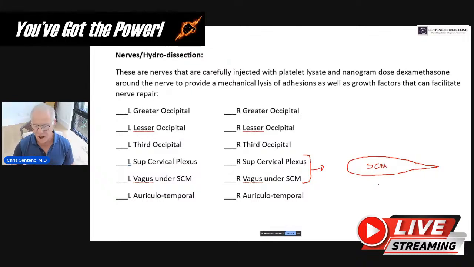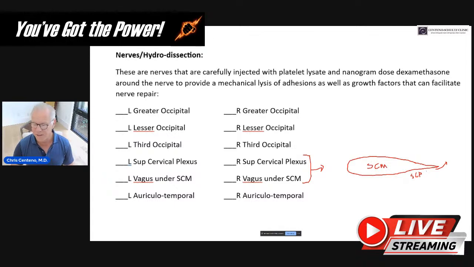So if those are checked off, it means that the little nerves that come out behind that go to the superficial cervical plexus, underneath that sternocleidomastoid, that those were injected with platelet lysate or growth factors that contain things like vascular endothelial growth factor, which can increase blood flow, or nerve growth factor, which can help with nerve repair.